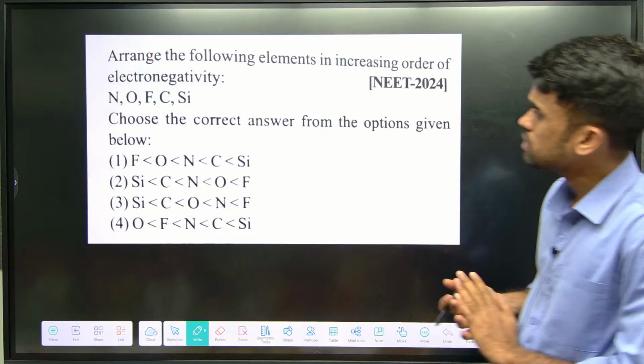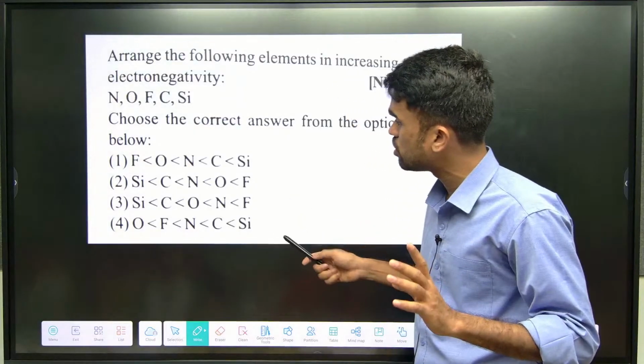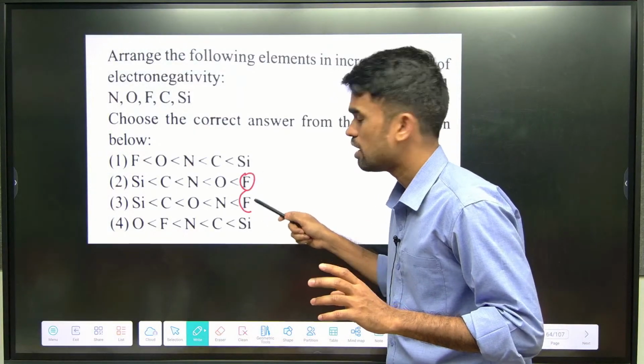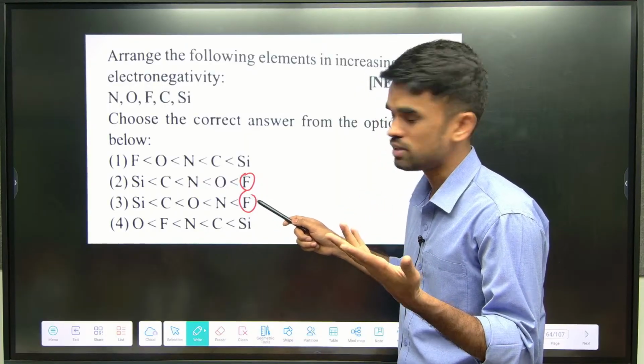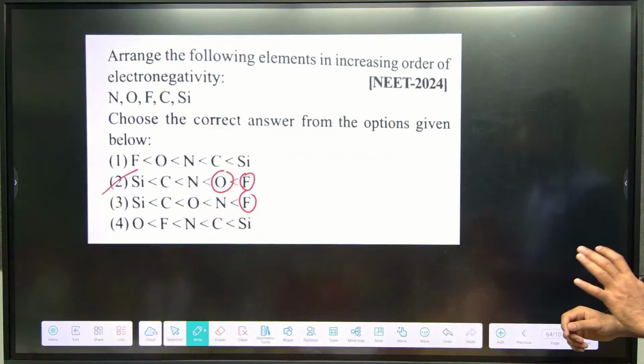Okay, so tell me. Second one. So the highest one we know is fluorine. Second most I told you. Which one? That's it. Nothing to worry about here. So directly you can see. That's it now. Next.